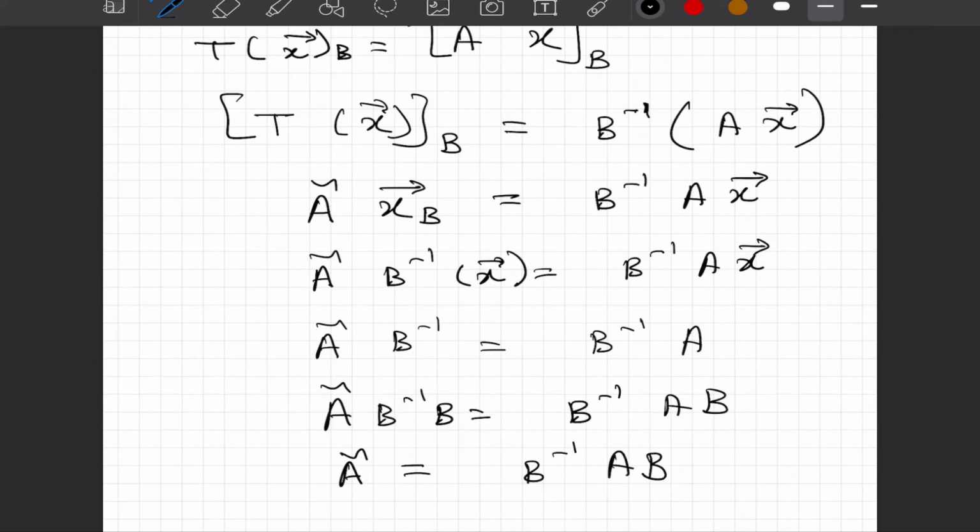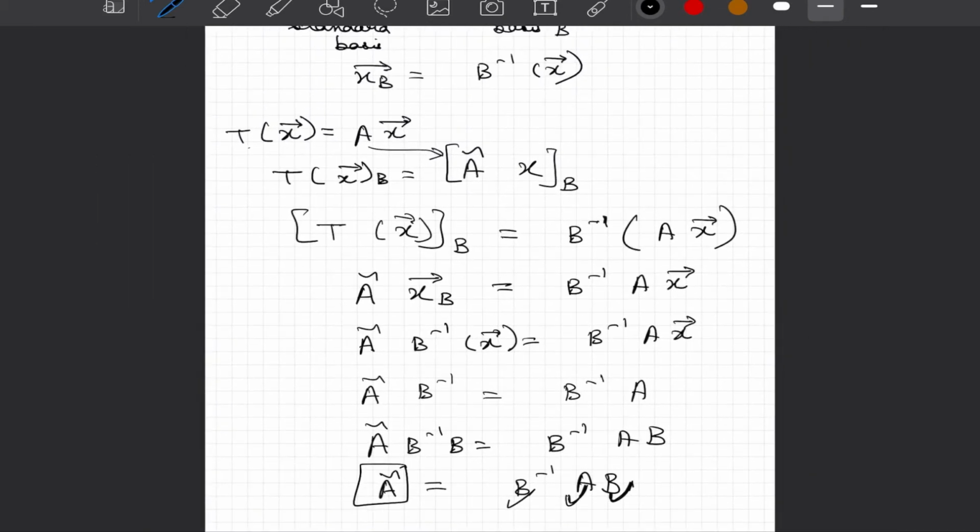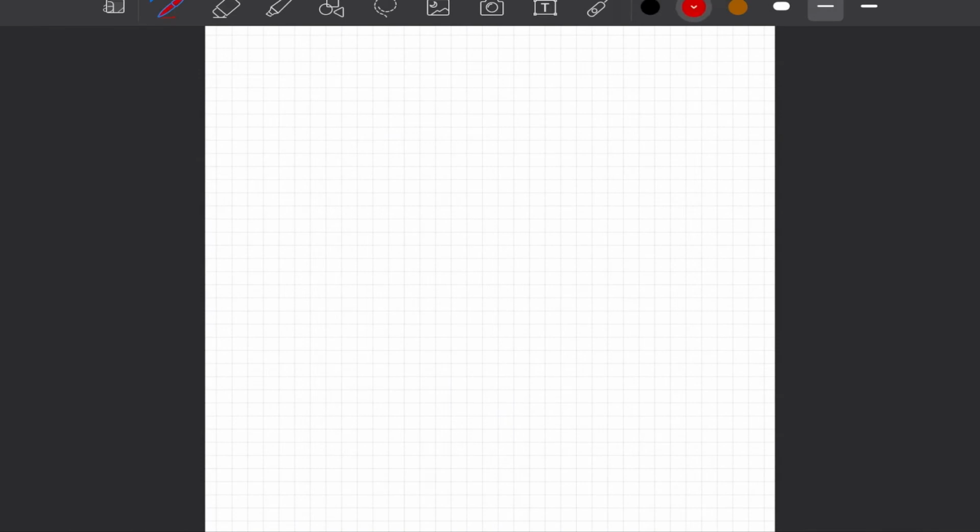That means if we collect all the vectors represented by B in a matrix, take its inverse, multiply it by the original transformation matrix that we are aware of in the standard coordinates, and multiply it again with B, we would be able to determine the resultant or similar transformation matrix with respect to a different basis, and this entire concept is called the change of bases in the same dimensions.